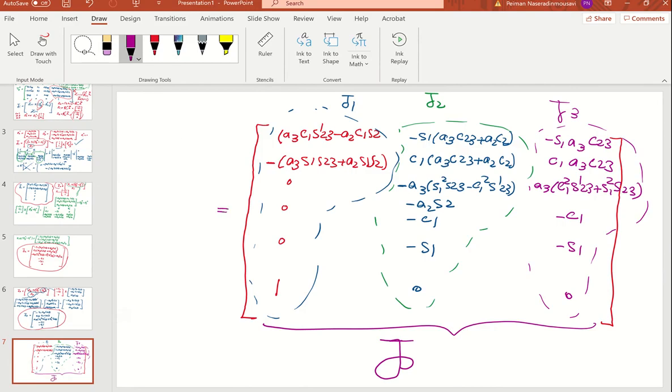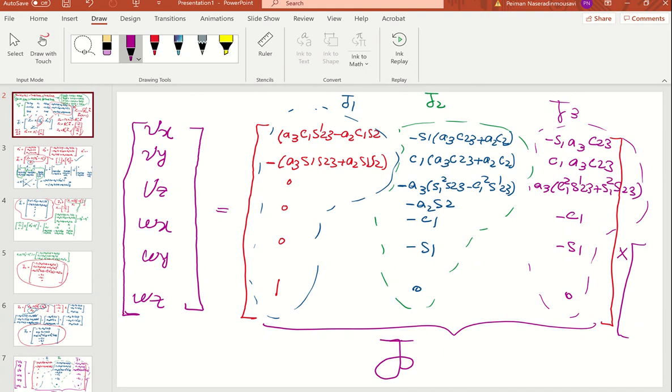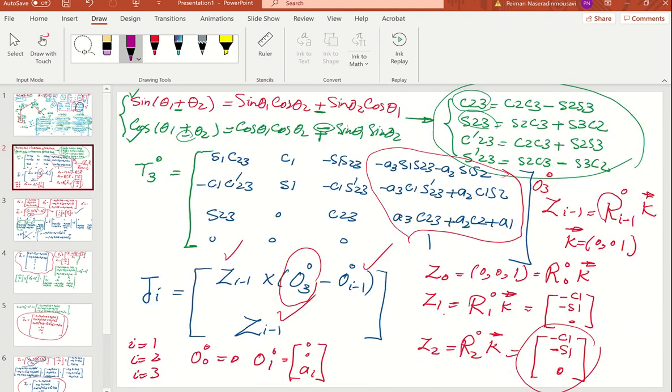So what can I do? Bear with me, I'm not done yet theoretically. This relates Vx, Vy, Vz, omega x, omega y, omega z, multiplied by how many links you have? We have 3 links.